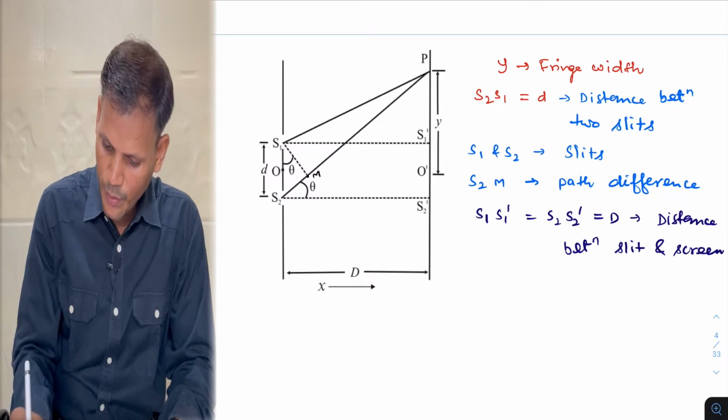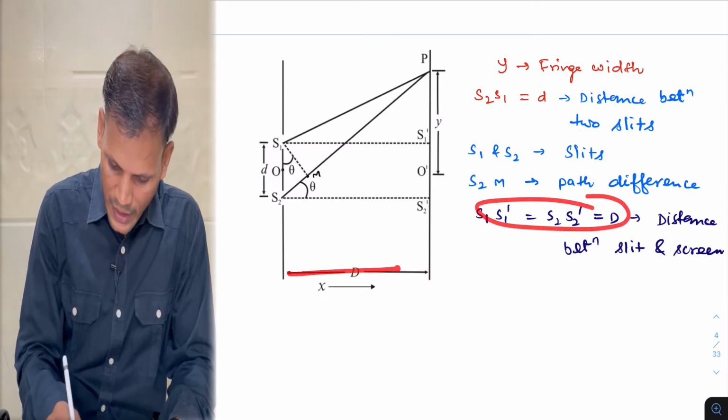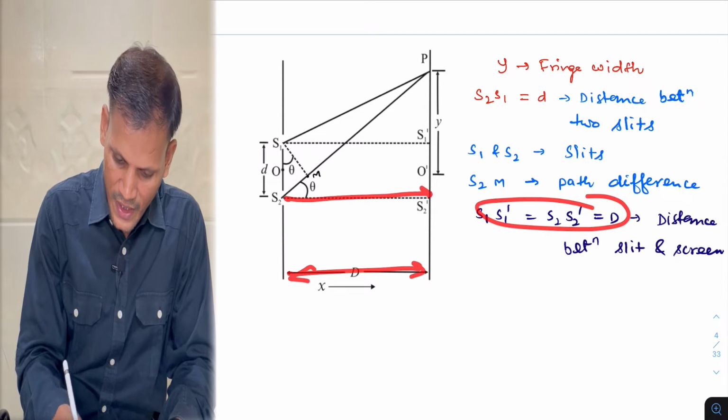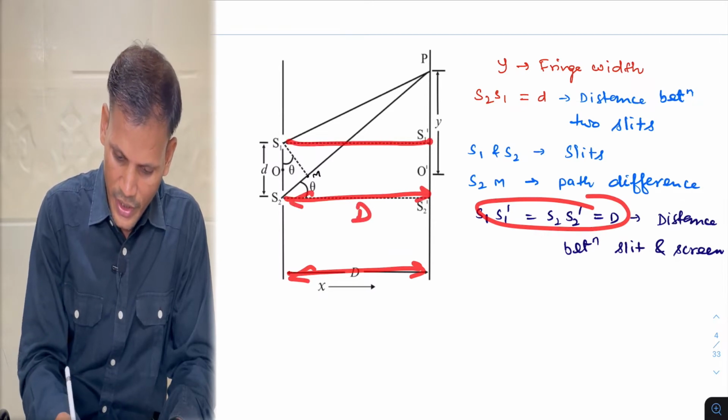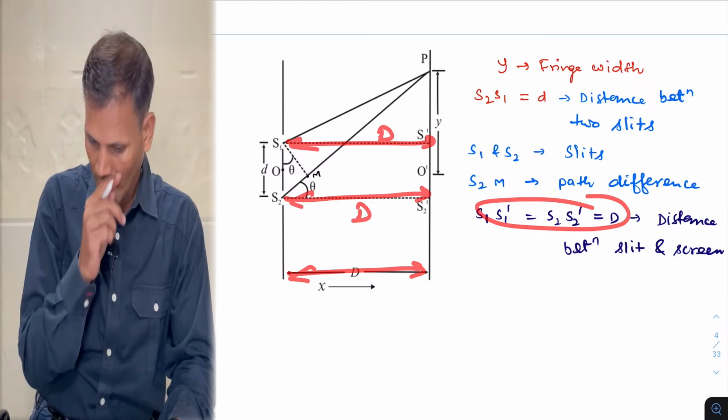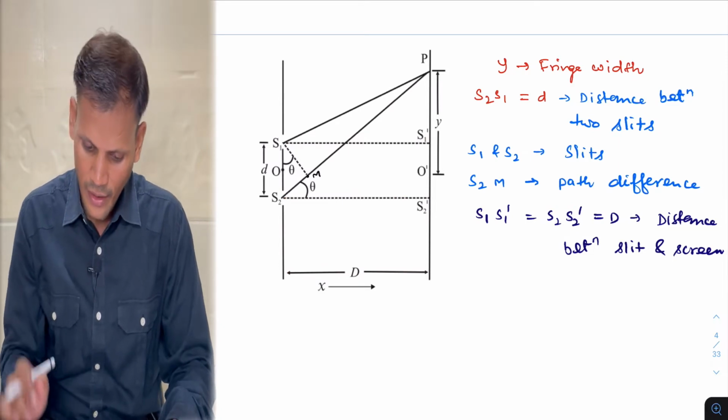I have mentioned this point, and it is the same, it is also D. So all terms are very clear, of course.